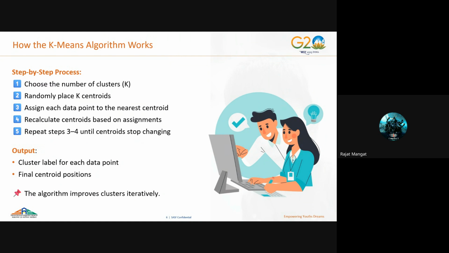Assign each data point to the nearest centroid, the one having similar properties. Recalculate centroids based on assignments. Then the recalculation happens to check whether it is placed correctly or not. If not, the process repeats itself until it is placed at the right place. Repeat steps 3 and 4 until centroids stop changing. You need not do this yourself. It is done by the algorithm itself.